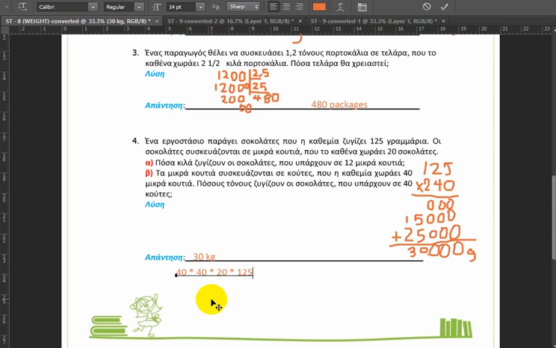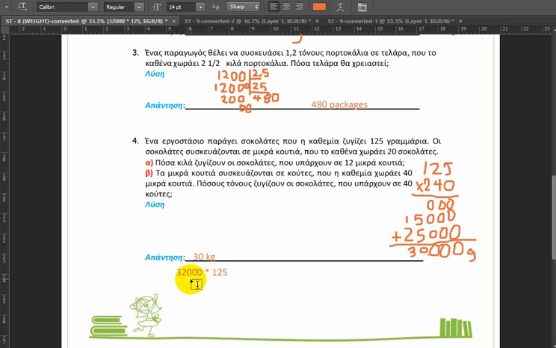Okay, now 40 times 40 gives me how much? 40 times 40 gives me 1,600. And this times 20 would give me 32,000.